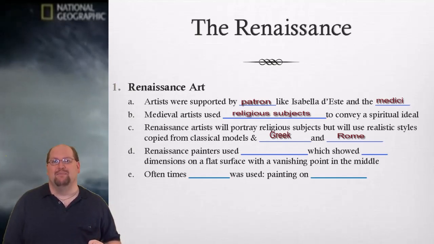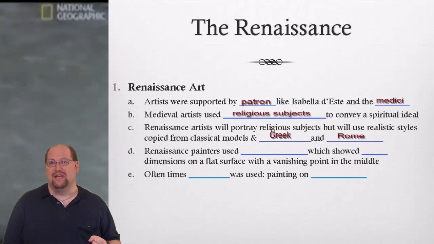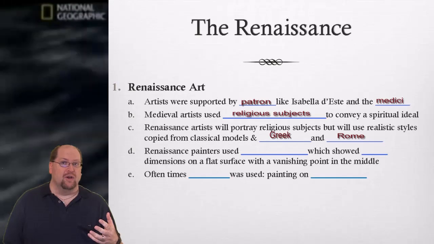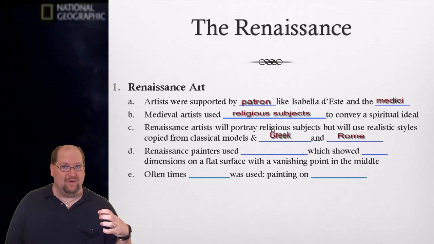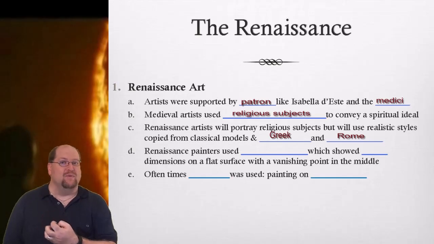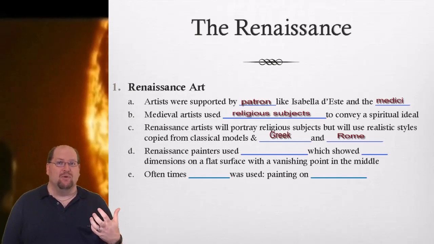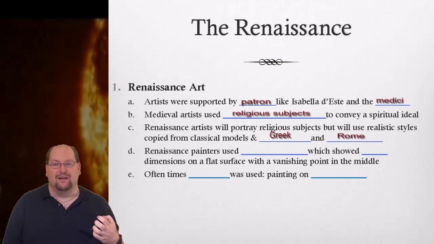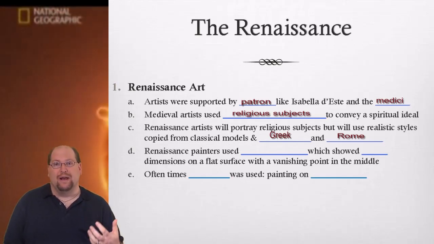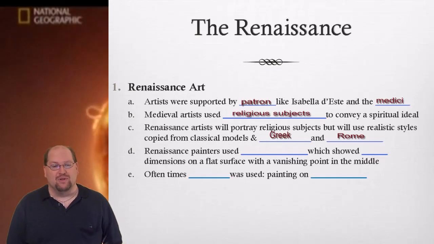And we'll see some examples of how the viewer could look at a piece of art and get an idea of what that statue was feeling, or what was going on in the artist's mind when he was drawing that picture. We see a more three-dimensional, humanistic reality to what these paintings were trying to express. So we'll look at some of those as well.